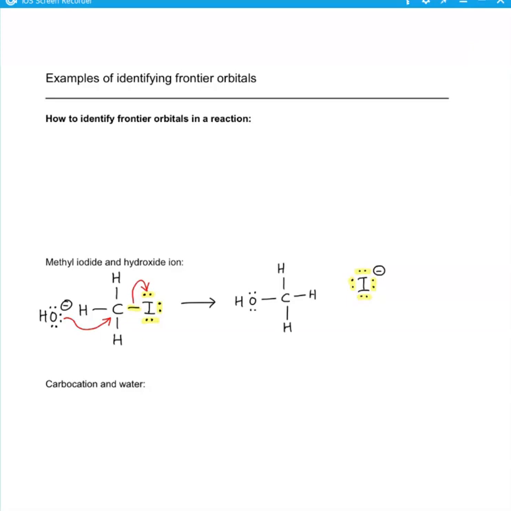Okay, so we're going to assess the frontier orbitals in this reaction. So now let's go up to the top. The very first idea is that you're only going to look at the reactants and the curved arrows associated with them.